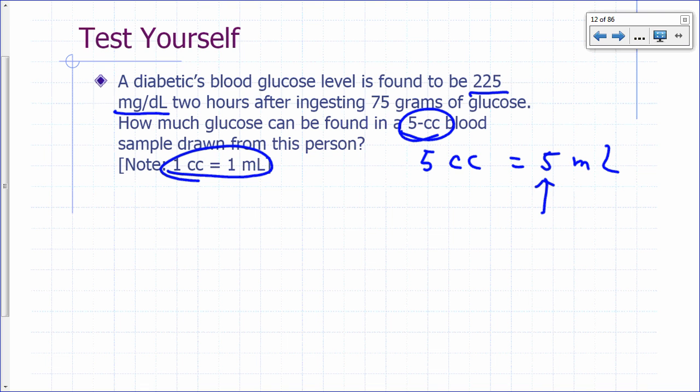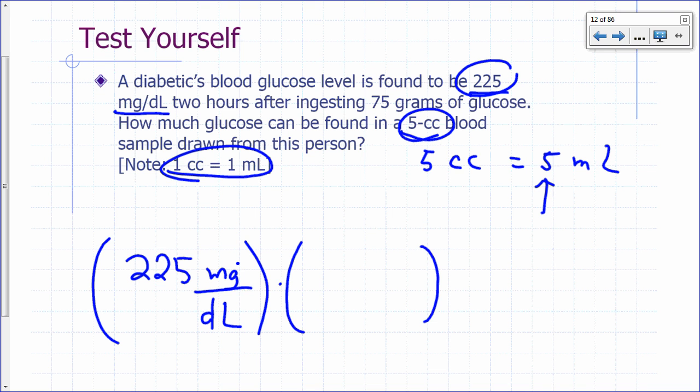So if your glucose level is 225 milligrams per deciliter, all you have to do is multiply that by deciliters. How many deciliters do you have to get the actual milligrams, right? So how many deciliters do we have? Well, we know we have 5 mils, so all we really have to do is change your 5 mils to deciliters.